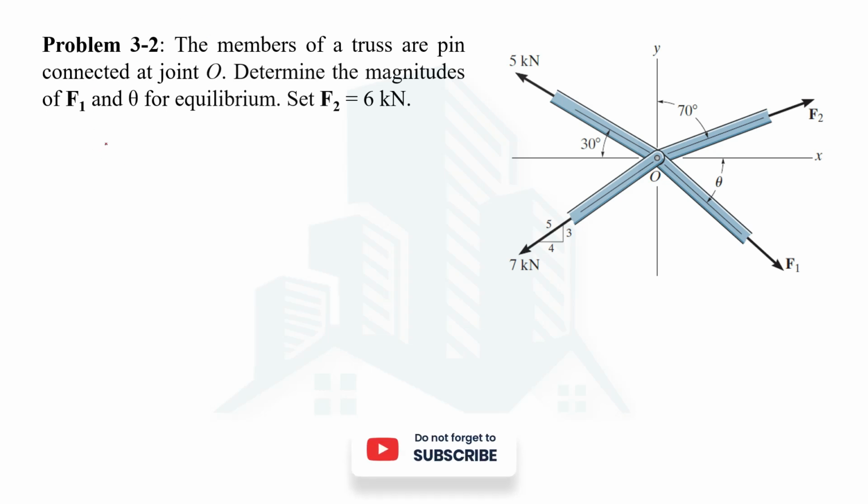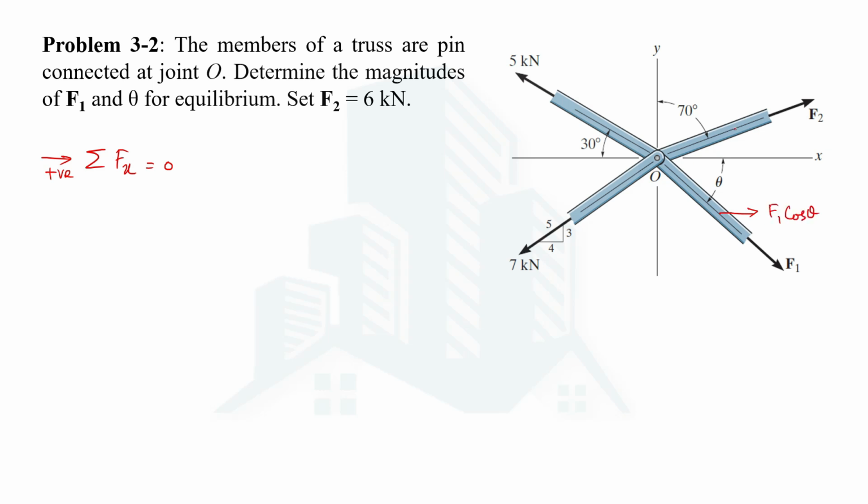The first condition of equilibrium is summation of all forces acting in x direction equal to 0, considering all the rightward forces as positive. So we will have the x component of F1 as F1 cos theta, the x component of F2 as F2 cos 20 degrees, the x component of 5 kilonewton would be 5 cos 30 degrees.